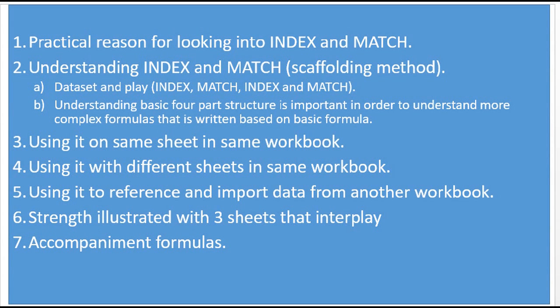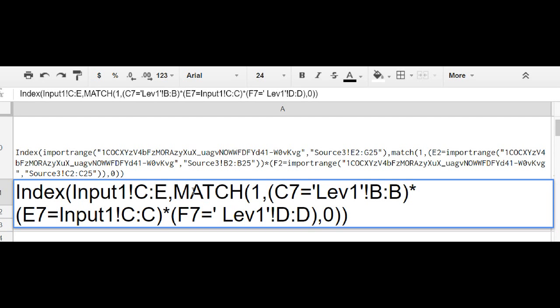Strings of the INDEX and MATCH functions can be illustrated with three sheets that interplay in one formula. The three worksheets that interplay in this formula, which is based on multiple criteria, are: number one is the current worksheet, then there is a second worksheet, Left 1, and the third worksheet is called Input 1.